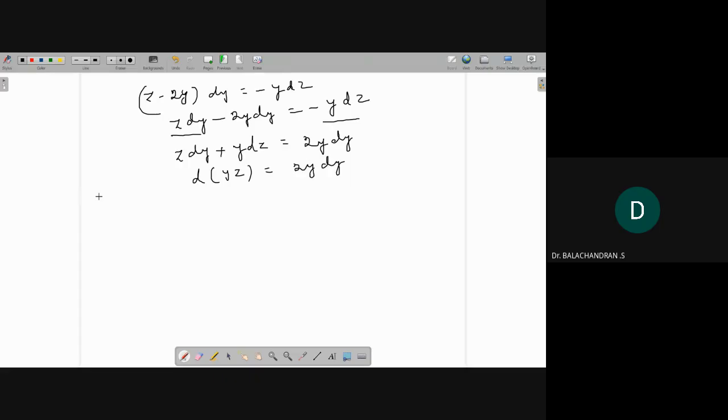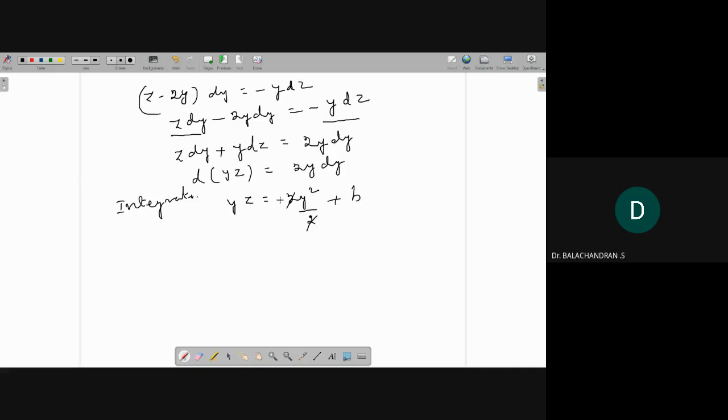Now if you integrate, you get yz equal to 2 into y square by 2, which gets cancelled, plus some arbitrary constant.